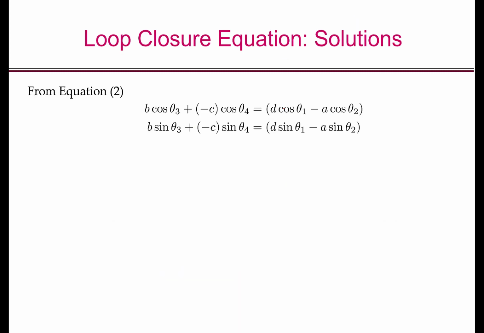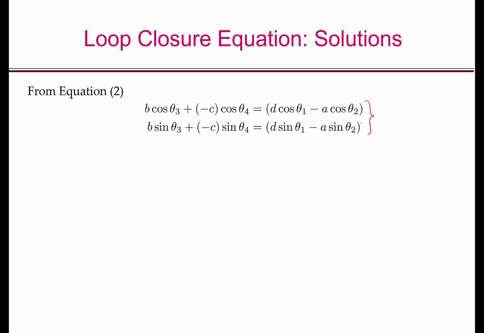Now, using the complex number representation of vectors and vector loop closure equations, we showed that the solutions to θ3 and θ4 can be obtained by solving two trigonometric equations of the form shown here. Note here that the only two unknowns are θ3 and θ4.